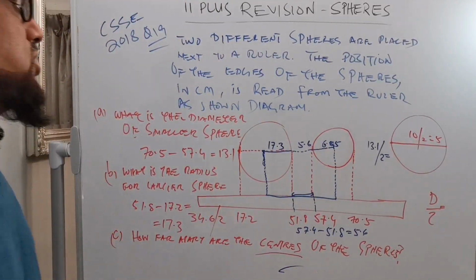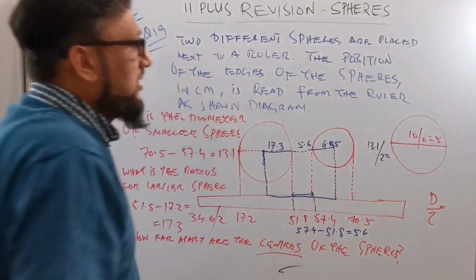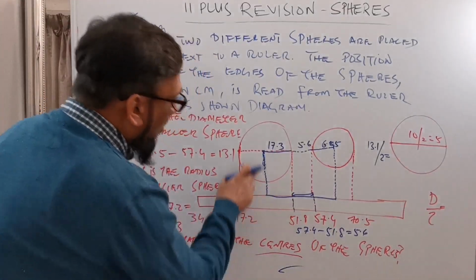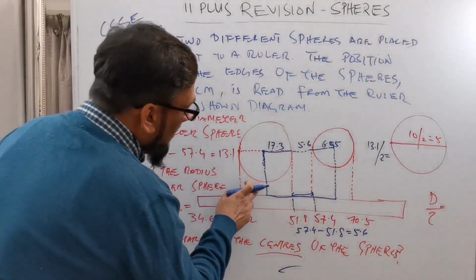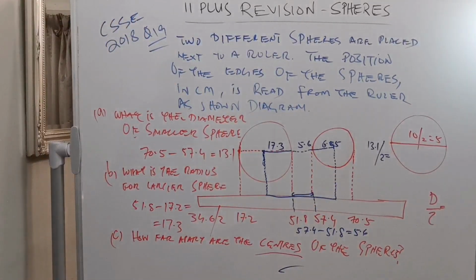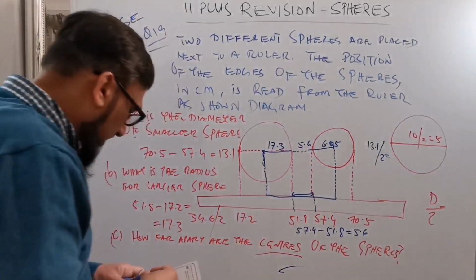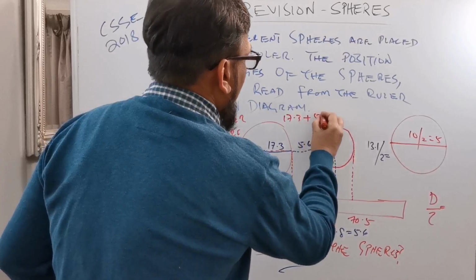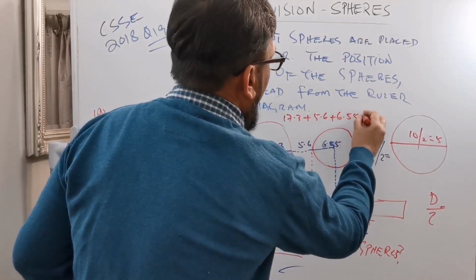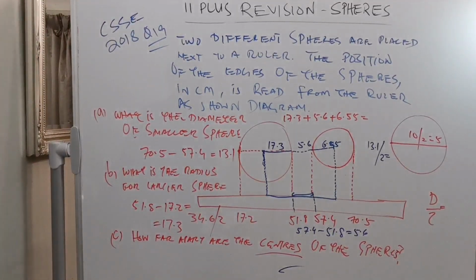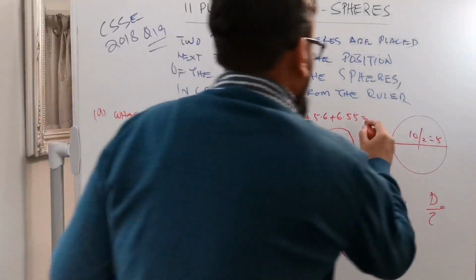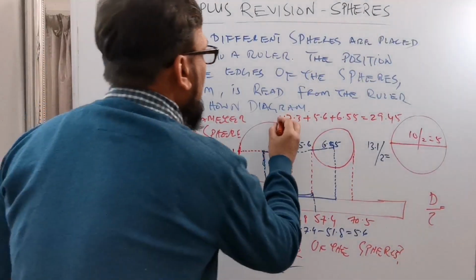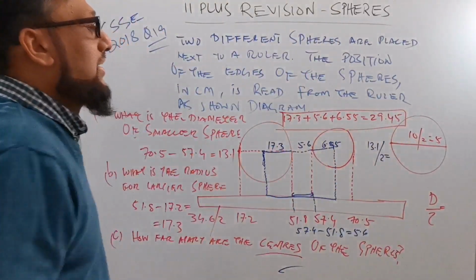Now we add these three values to get the distance between the centers, from the larger to the smaller sphere: 17.3 plus 5.6 plus 6.55 gives 29.45. This is the answer for part C.